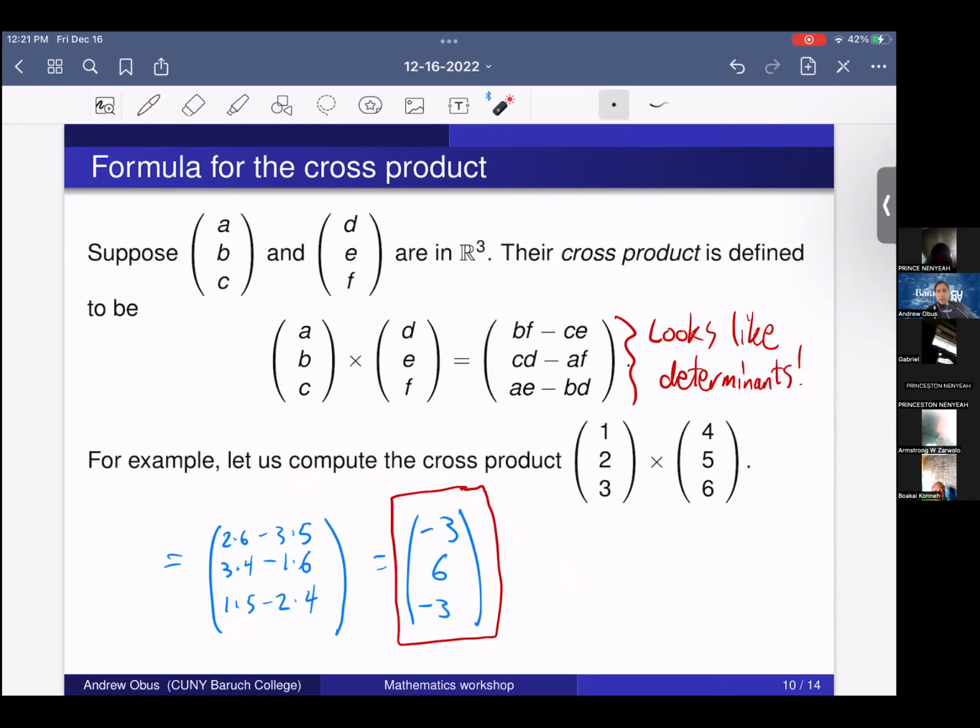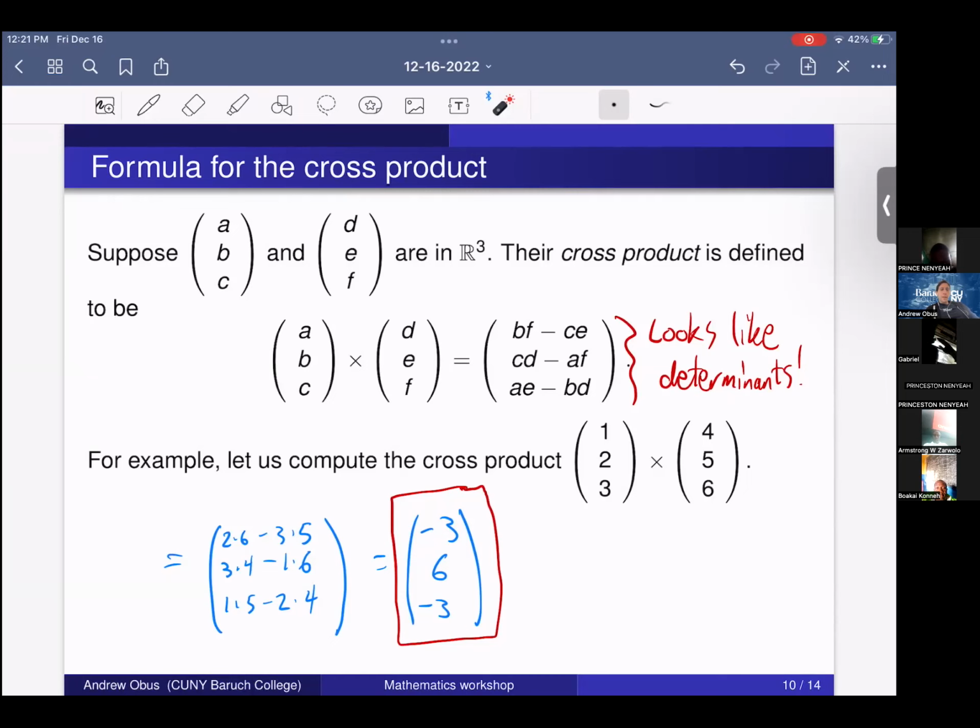Yes, Princeton? If we are working with the cross product, is it possible that the value is always negative, or half positive and half negative, like the -3 here?